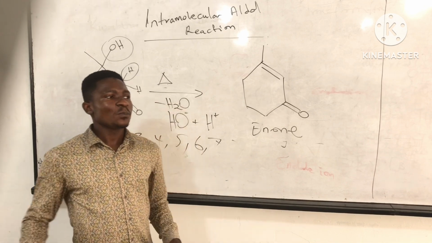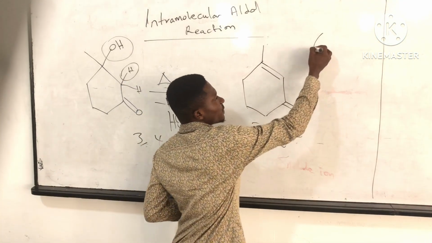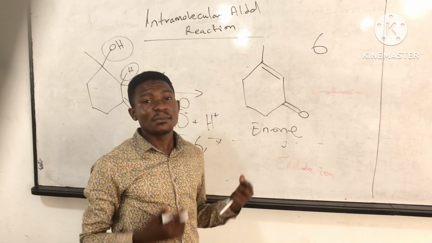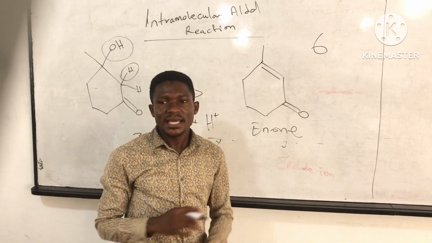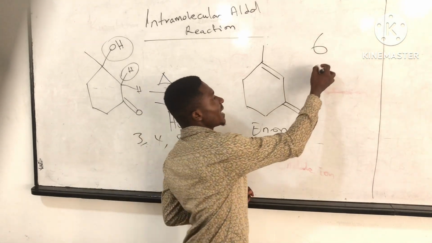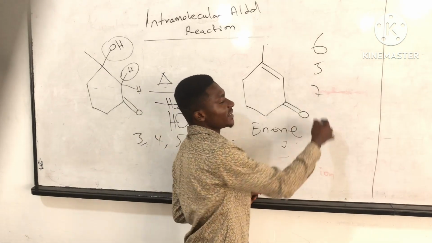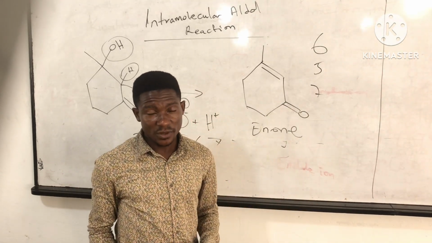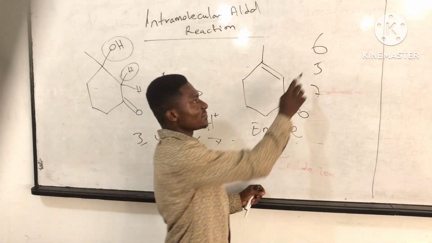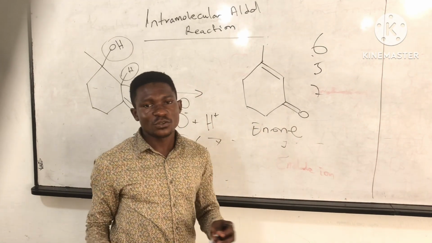Just keep this in mind. Anytime you form a 6-membered ring, that becomes the most stable product. The 6-membered rings are usually the most stable products, followed by the 5-membered rings, before you go to your 7, 8, 9, 10. So usually the formation of cyclic products favors 6-membered rings, followed by 5, 7, and you continue like that.